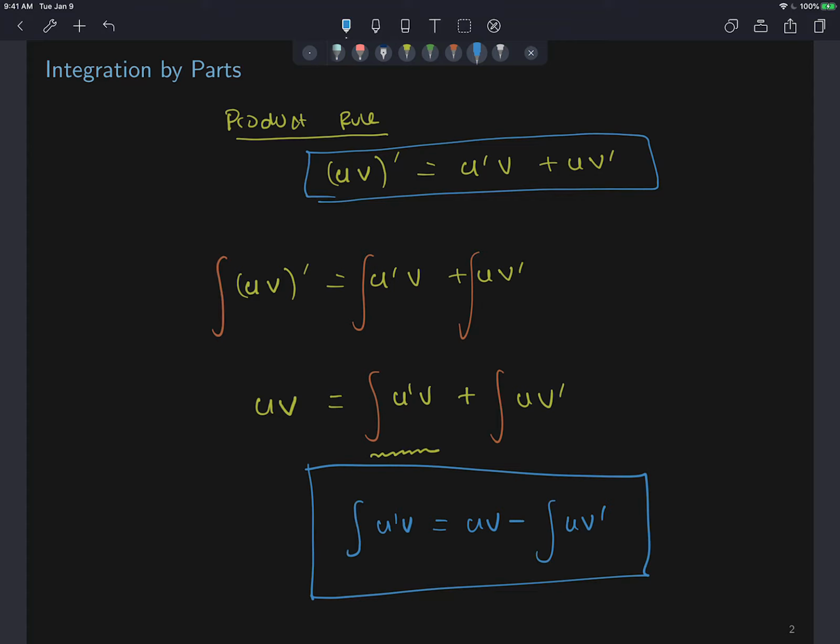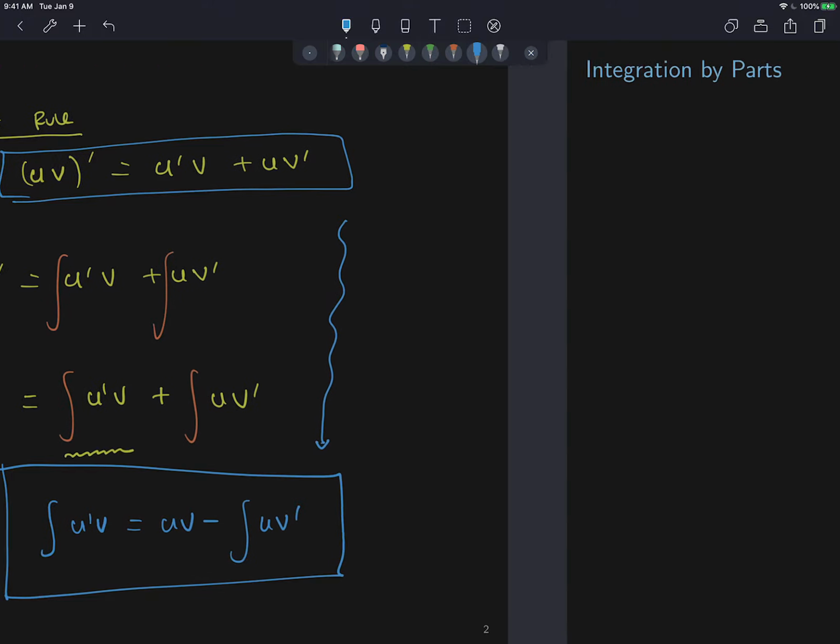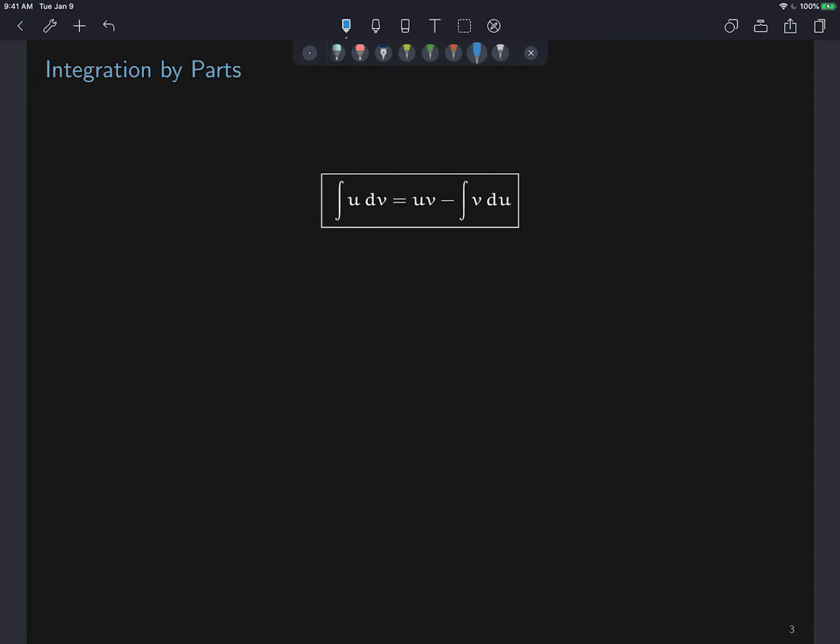It's just the rule for the derivative of a product, and solve for one of the terms, and you get it from there. So this is how we write it down. The integration by parts formula is: the integral of u dv is u times v minus the integral of v du.